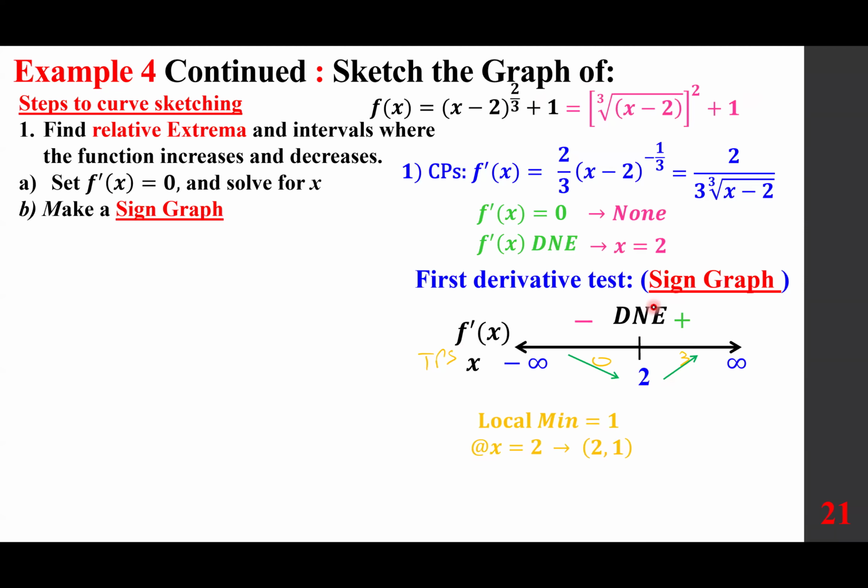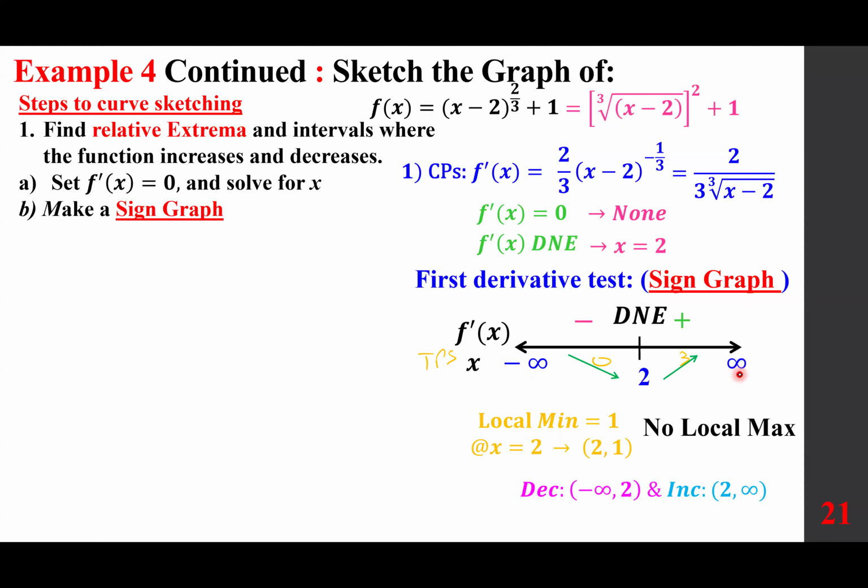There is nothing else, so there is no local max, everybody. As mentioned, the function is decreasing here, negative from minus infinity to 2, and increasing here from 2 to infinity. So that's the first derivative test, giving us a local minimum and intervals of increasing and decreasing.